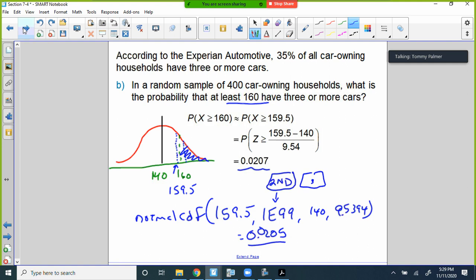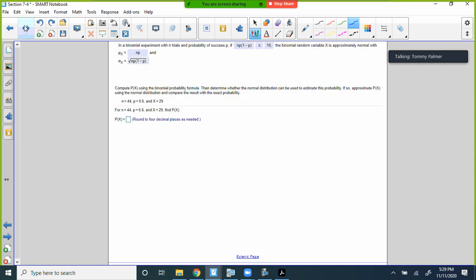Okay. All right. So that's really all of the example problems that we're doing. The next couple of problems are actually homework problems. The first thing is, in order to do a binomial experiment with n trials and a probability of success being p, it's really n times p times q, which is n times p times 1 minus p, has to be greater than or equal to 10.